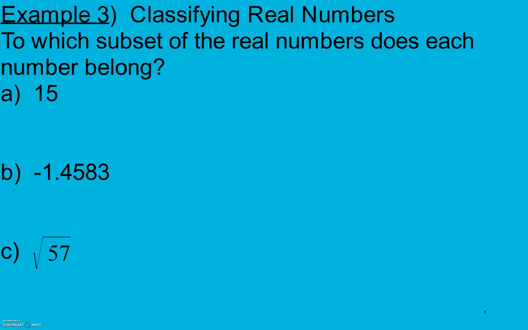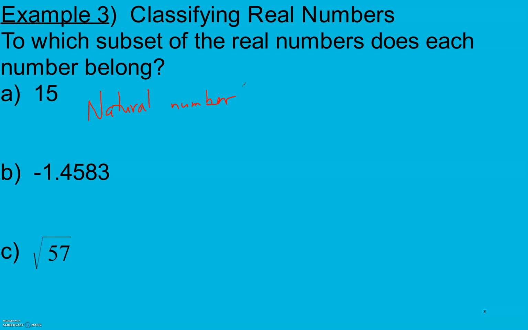No, so it's at least an integer. Is it negative? No, so it's at least a whole number. Is it 0? Nope. So it's going to be a natural number. 15 is a natural number. It's a number that we would naturally start counting and get to. When we start counting, usually we start with 1, we'd get to 15.